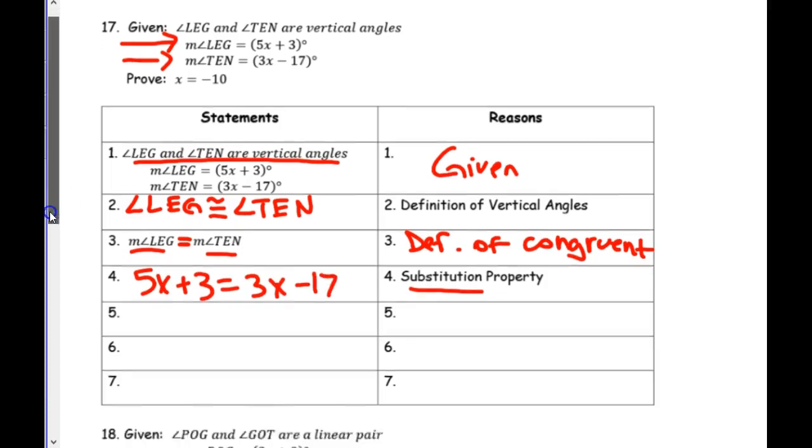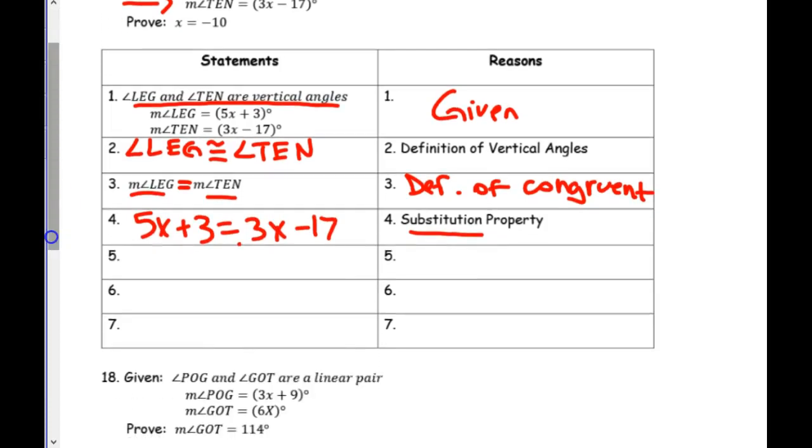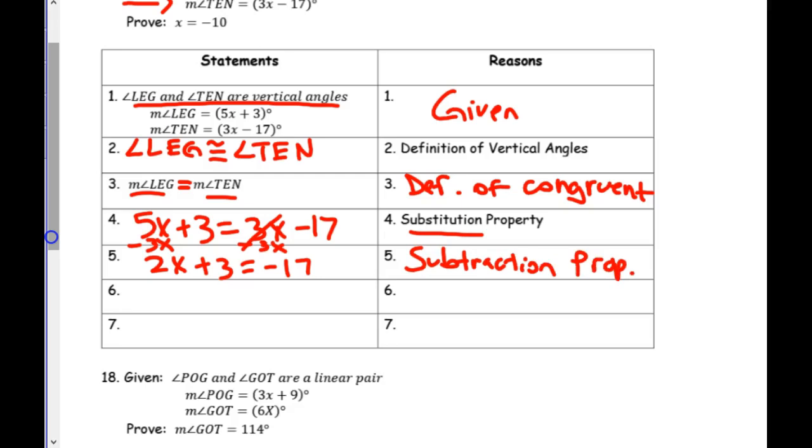And now we've got some algebra to do. Smaller x is 3x. Minus 3x, minus 3x. 2x plus 3 equals negative 17. That was subtraction property. Okay, and then get rid of that loner.